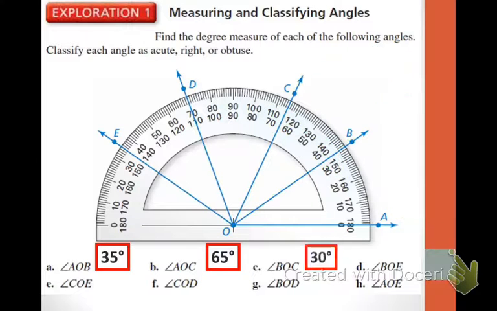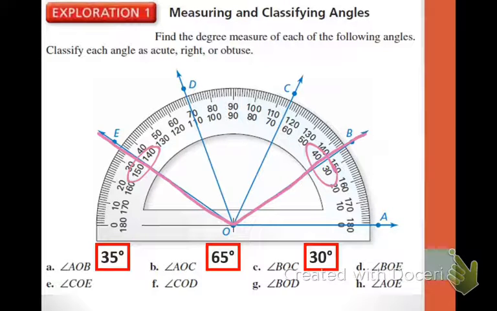Okay. Letter D, we have B-O-E. Pick a row to read from. Sure, the bottom. So you have to read both of them from the bottom. Both of them.